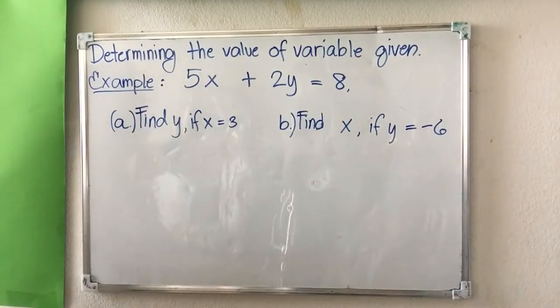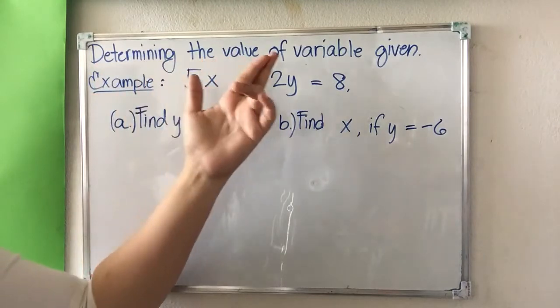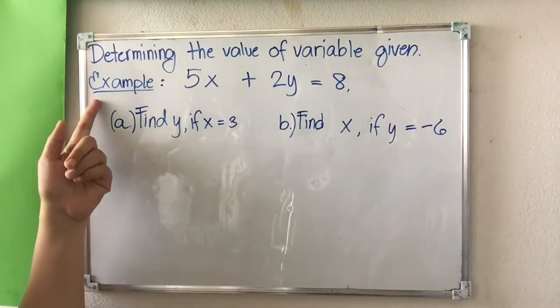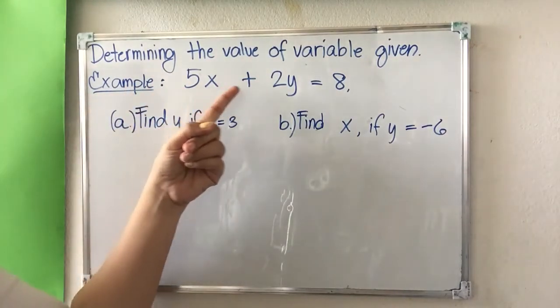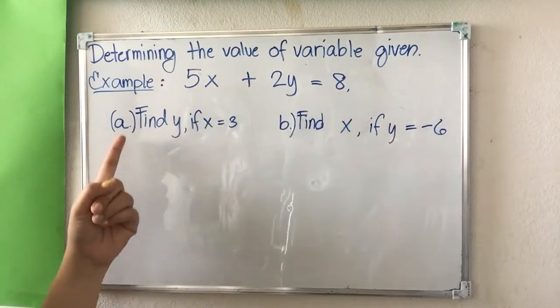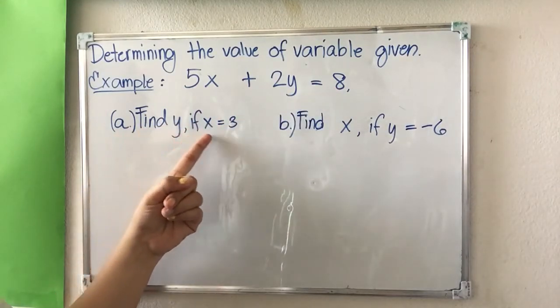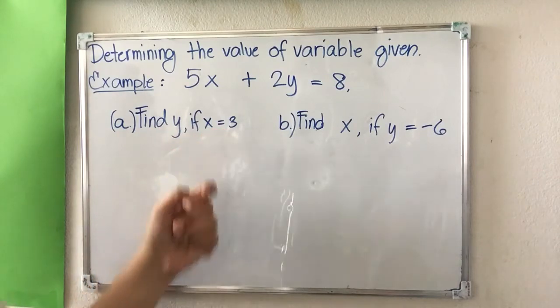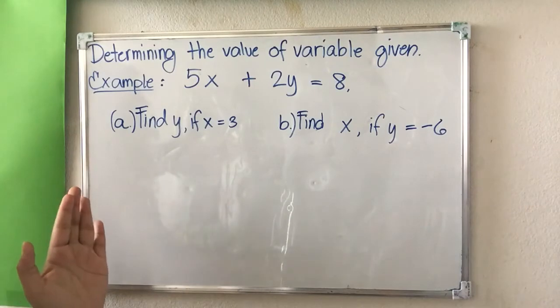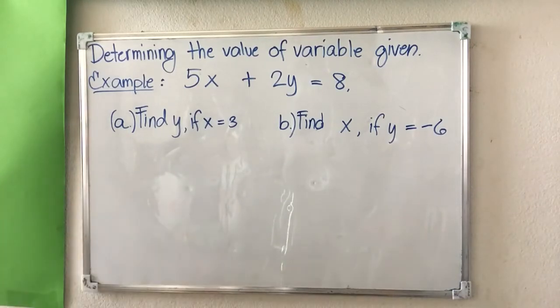Okay, so next topic we have determining the value of the variable given the other variables. Alright, so example, we have 5x plus 2y is equal to 8. Now, find y if x is equal to 3. So what we are going to do here is to substitute the value of our x by 3.